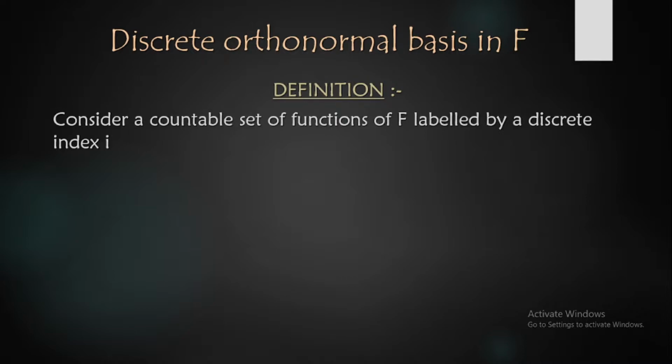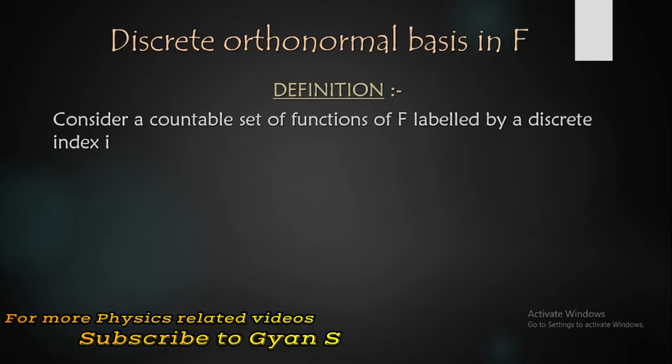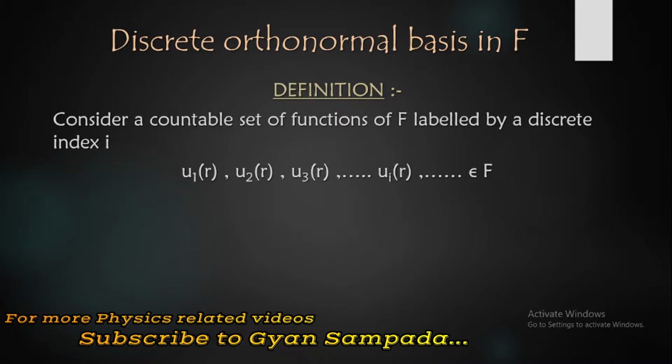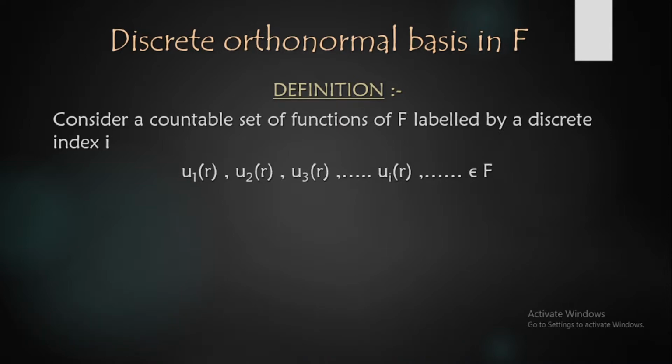So i can be 1, 2, 3, and so on up to n or more than n. We can say the functions u1 of r belongs to F, u2 of r belongs to F, and so on, ui of r also belongs to F.